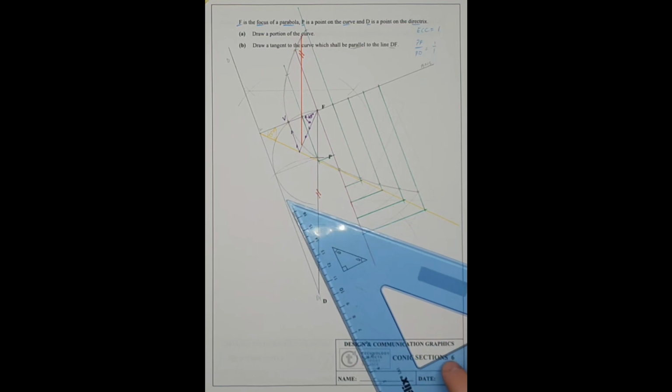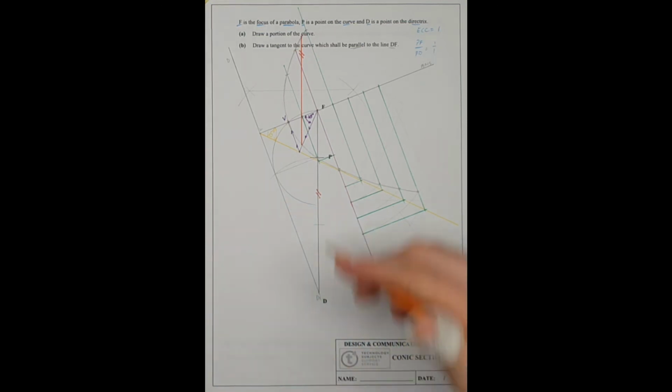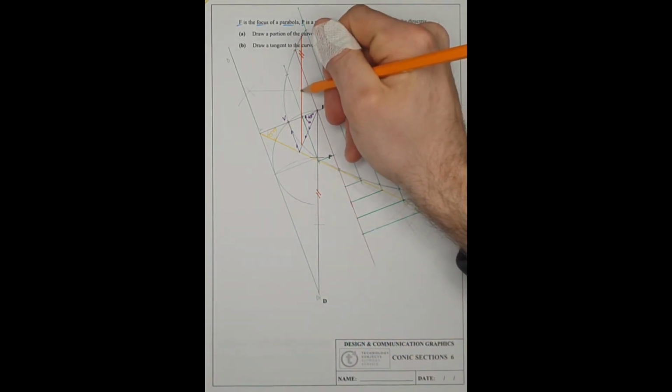There's my chord bisected right here, and from that bisect point I'm going to go parallel to the axis.